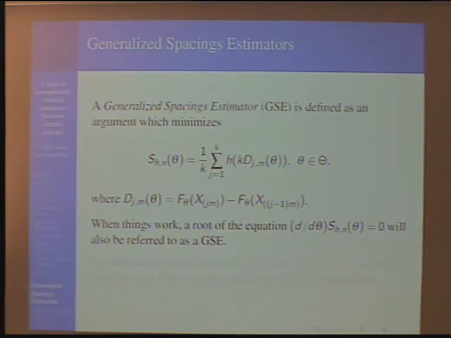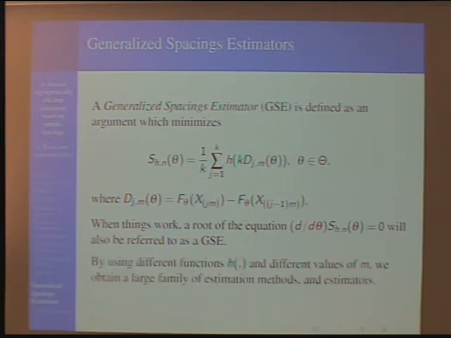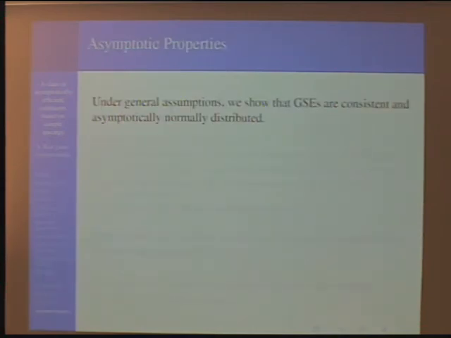So the question we were raising in this particular paper is: what if m is also let go to infinity, and we let m and n go to infinity simultaneously? What are the optimal properties of the estimators, and what kind of properties do the estimators have?